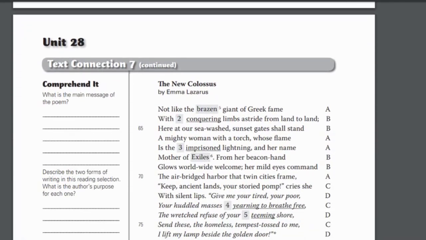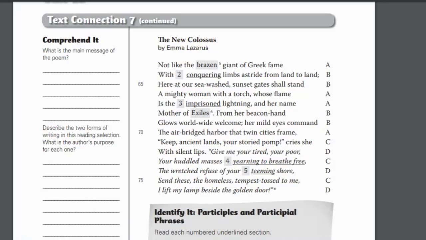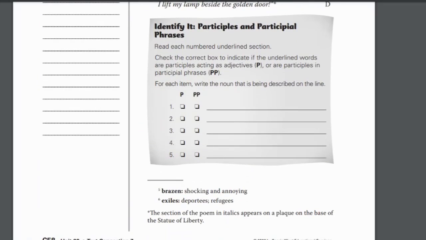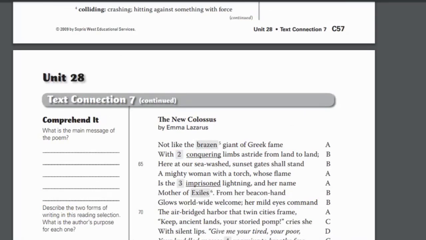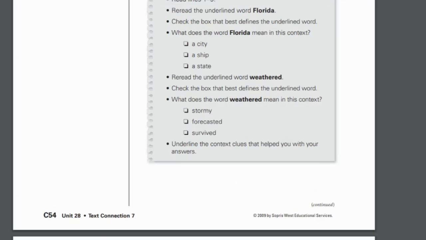And as we continue, we see the word brazen right here, not like the brazen giant of Greek fame. And we scroll down, we look for footnote number 5. Brazen means shocking and annoying. And our last one is exiles. It's footnote number 6, exiles. And exiles are deportees or refugees.